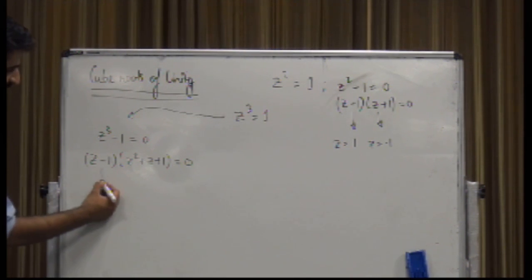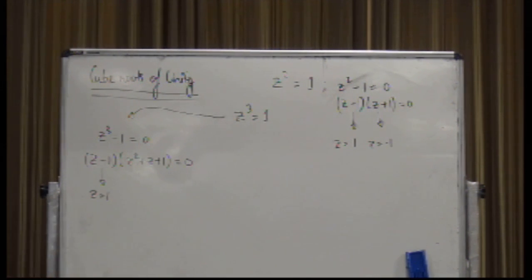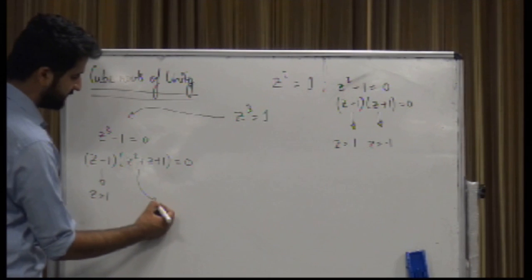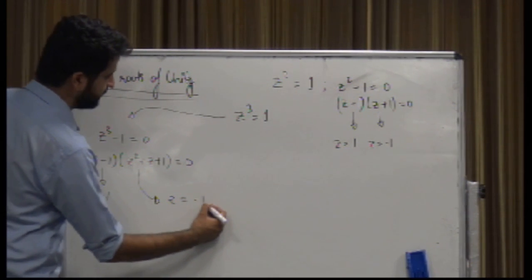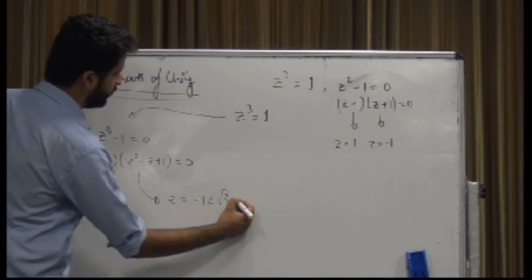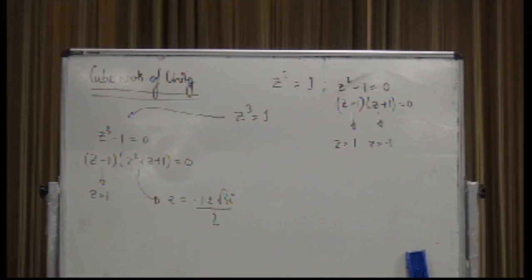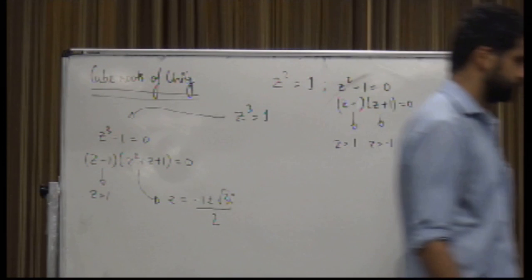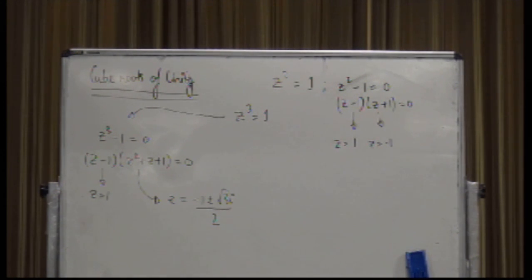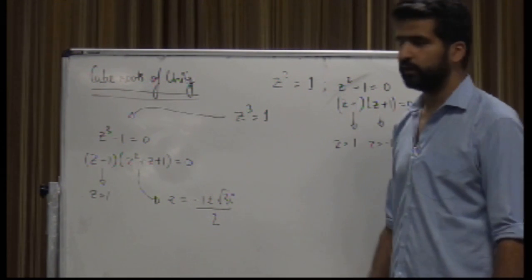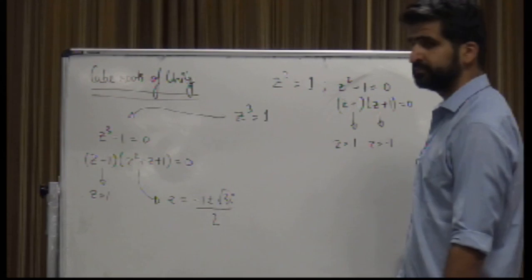So either z is equal to 1, this we already knew, right? So the two roots of this equation are z is equal to minus 1 plus minus root 3 iota upon 2. Understood?